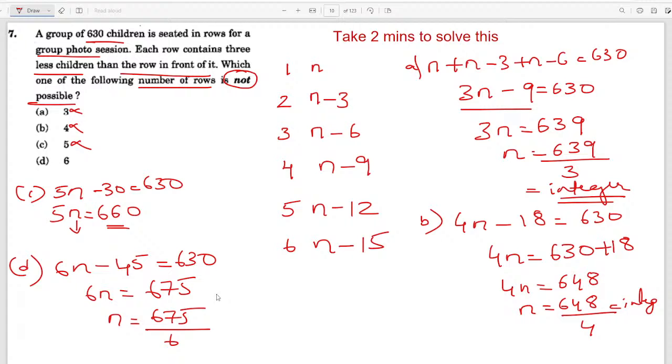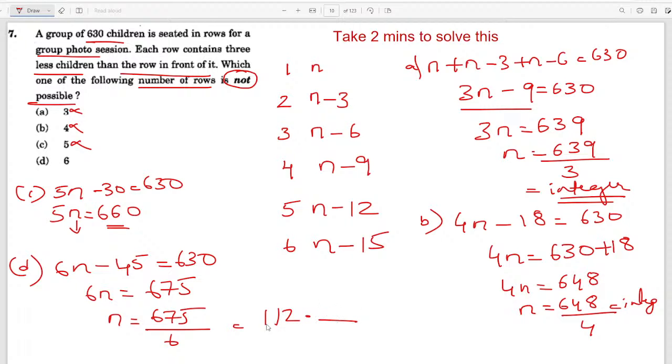While discussing the divisibility of even numbers and odd numbers, we had discussed that whenever an odd number is divided by an even number, it will not give you an integer. You can also check here: 6 ones are 6, 6 twos are 12, and you get 112 point something.